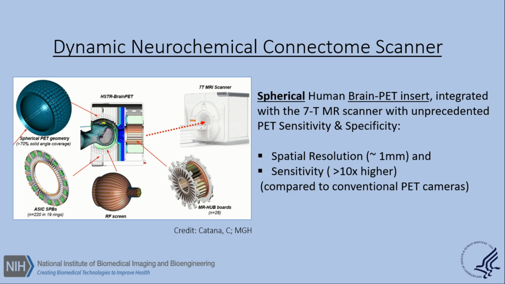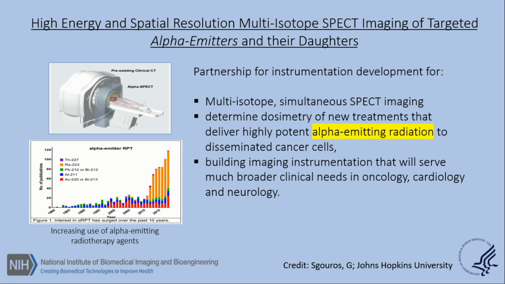That's nuclear medicine imaging. In other words, you can look at function around these nerves that you see connecting. So this is an insert for the 7T MR magnet, where you can get radionuclide images with resolutions of 1 millimeter and sensitivity more than 10 times what you'd normally get compared to PET cameras. So this is again going to tell us not only form but also function within the brain.